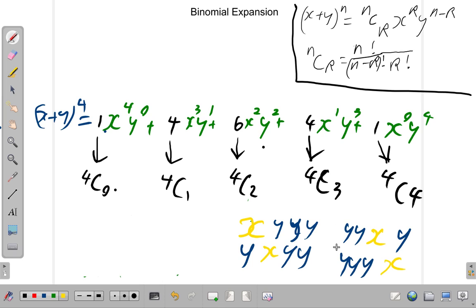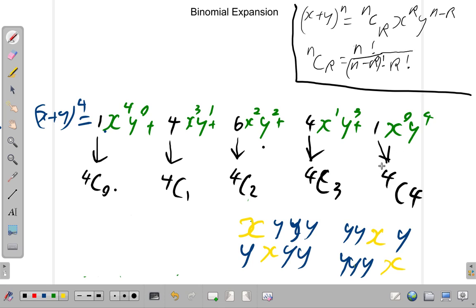That seems to cover it. 1, 2, 3, 4 arrangements. So we have 4. So this is 4c3. We have a total of 4. We choose 3. How many ways can we arrange everything? We choose 3 y's, 1 x. So here we can arrange them in 4 ways.